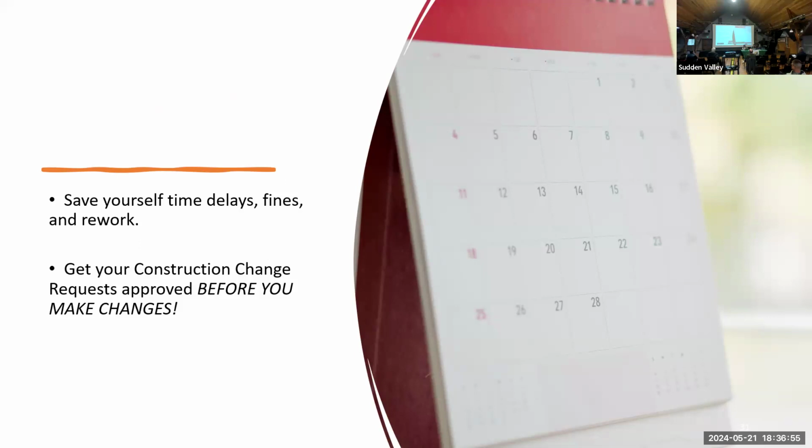So as the inspector, if changes happen during the course of construction and we show up on a final and things are changed, like lights or retaining walls are built or unbuilt, if things are different than what was approved in your plan set, then you have to get that approval, your construction change request, through the ACC.